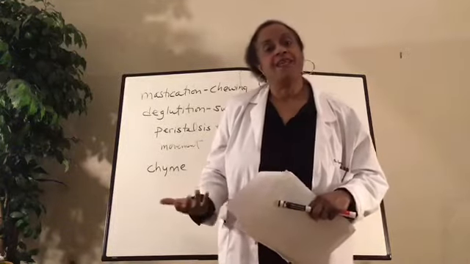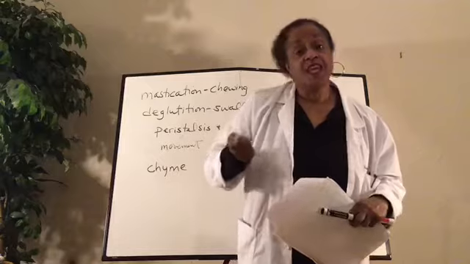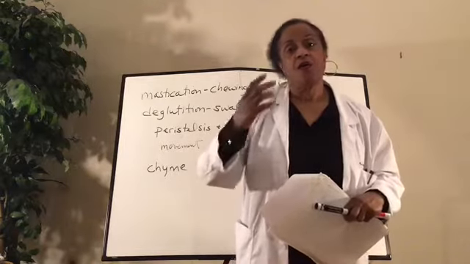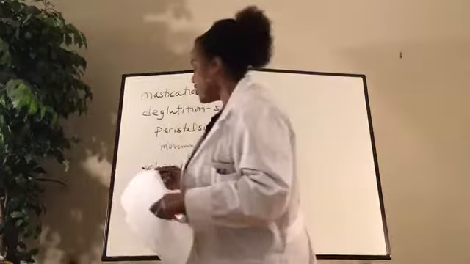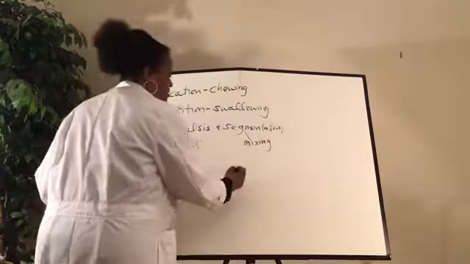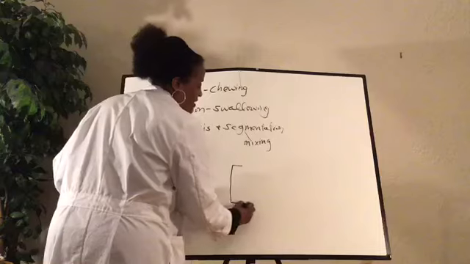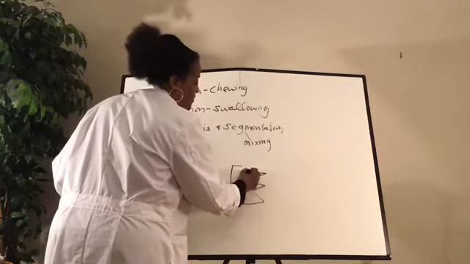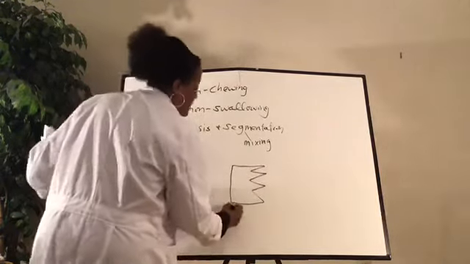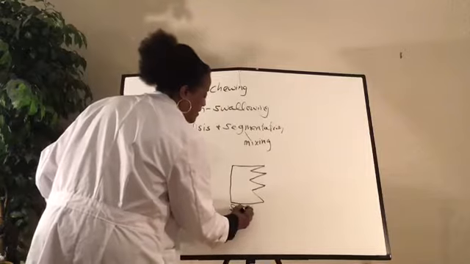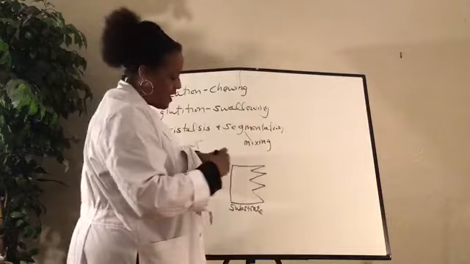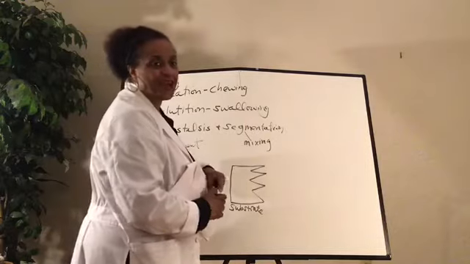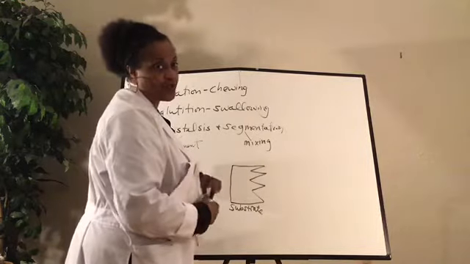So enzymes act like a specific key to a lock or a hand to a glove. Very specific. So let's just draw maybe a substrate. So that's the substrate, and the substrate is usually the thing that the enzyme is going to attach to, so to speak.